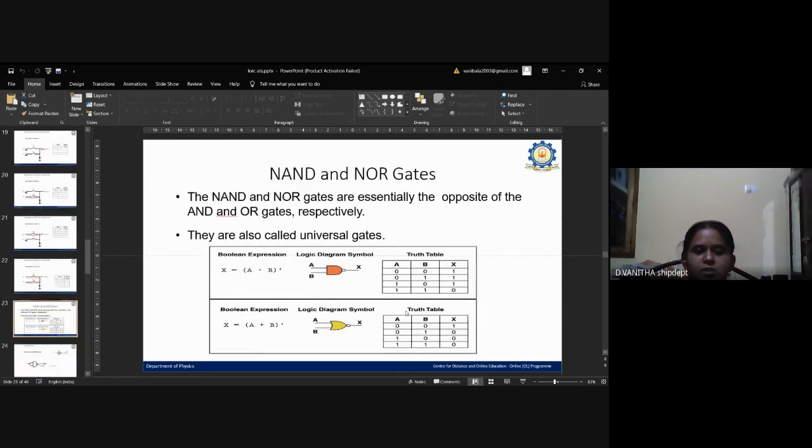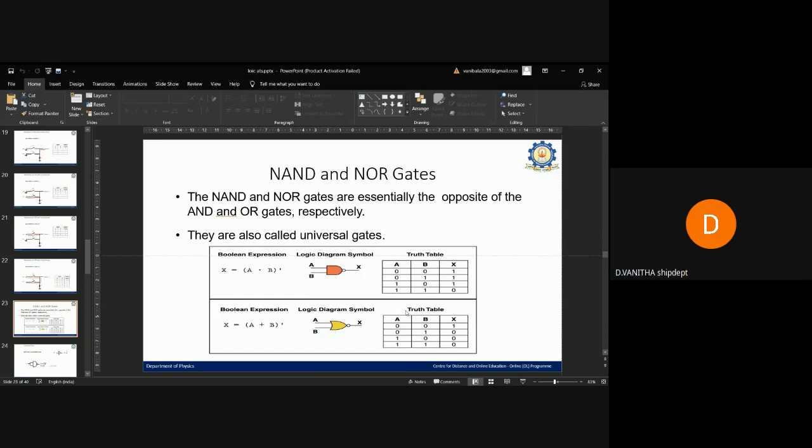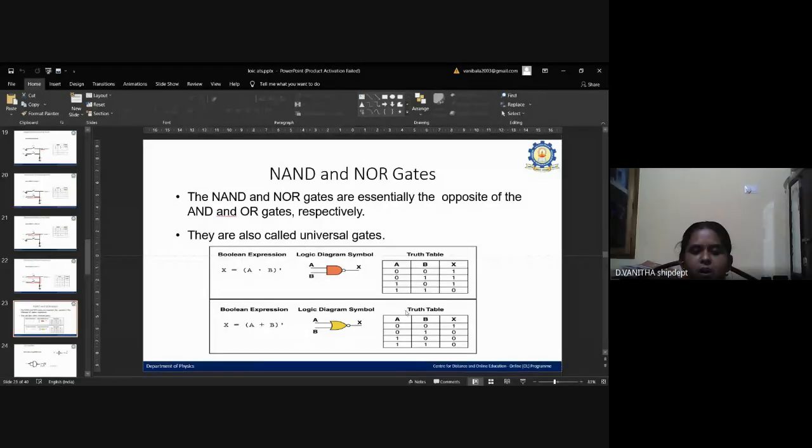So next are NAND and NOR gates. These are essentially the opposite of AND or OR gates. They are called universal gates. The Boolean expression of the NAND gate is x is equal to (A into B) dash.